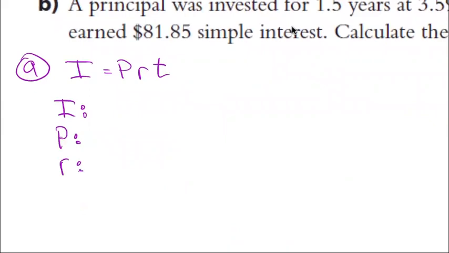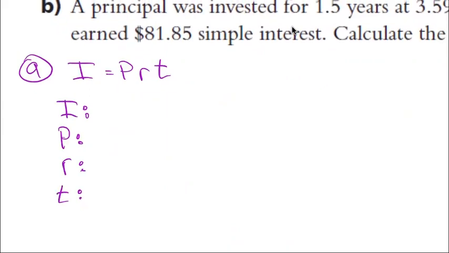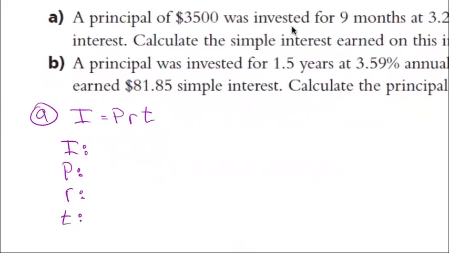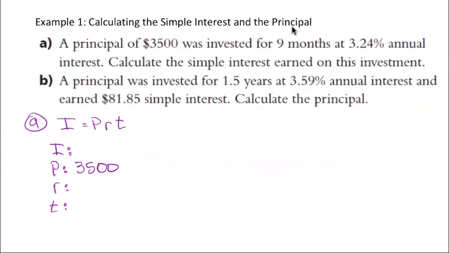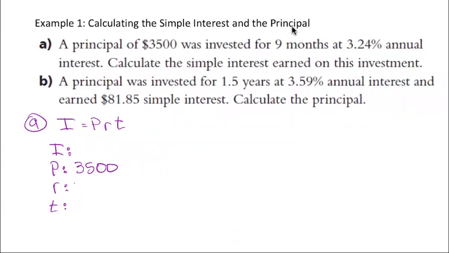rate, and time. What are we given in question A? We're told a principal of $3,500. We're told an interest rate of 3.24%. And knowing that we have to convert that to a decimal, I'm going to divide by 100 right away. 3.24 divided by 100 is equal to 0.0324.